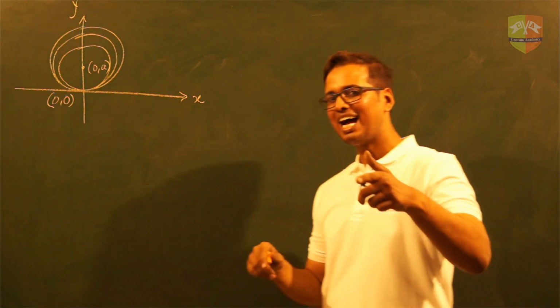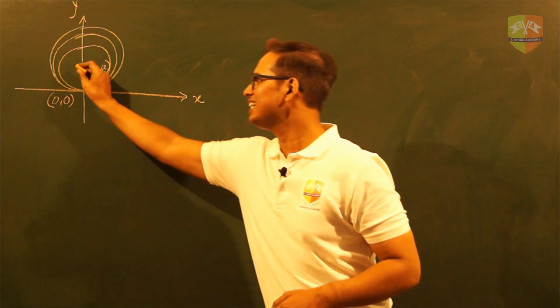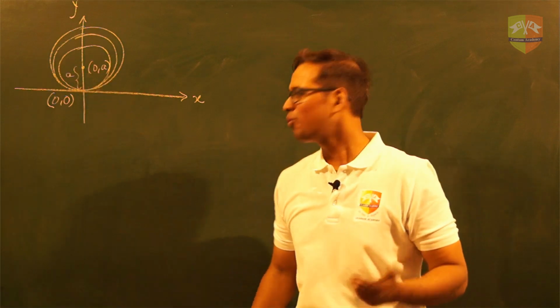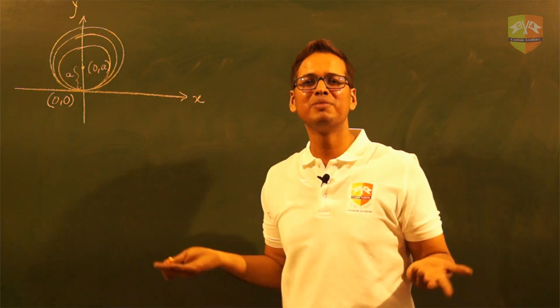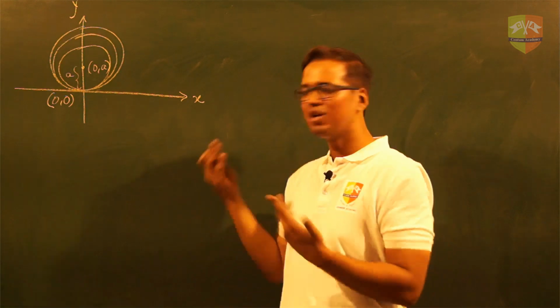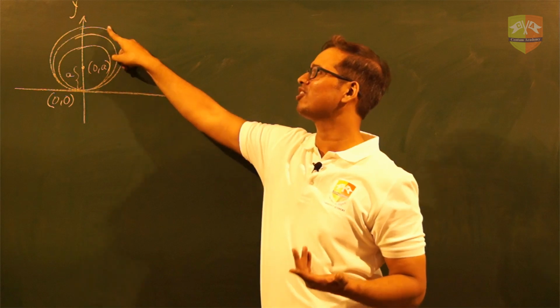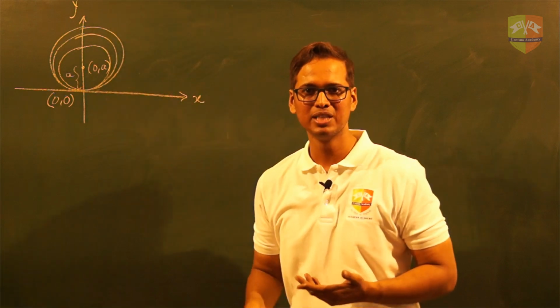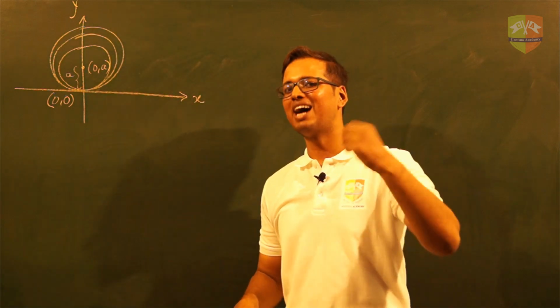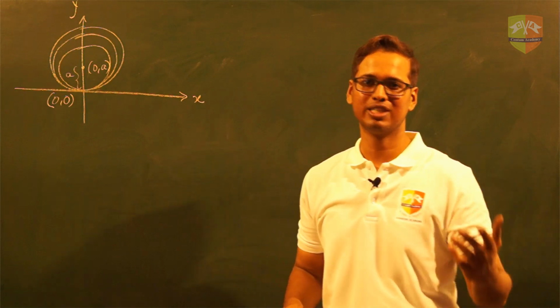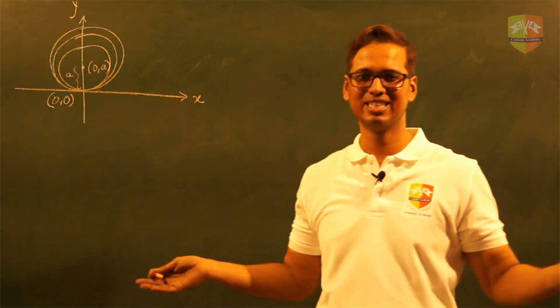So I can assume the center to be some 0, comma a, correct? And not only that, you will also observe that the radius of this circle will also be a. Now what is a? A is some arbitrary constant. Why? Because I'm not sure which circle I'm talking about, whether I'm talking about this one or this one or others to come. So this a is something which is varying, and because it is varying, I'm calling it an arbitrary constant, right? Because it can be anything, it can be arbitrary.